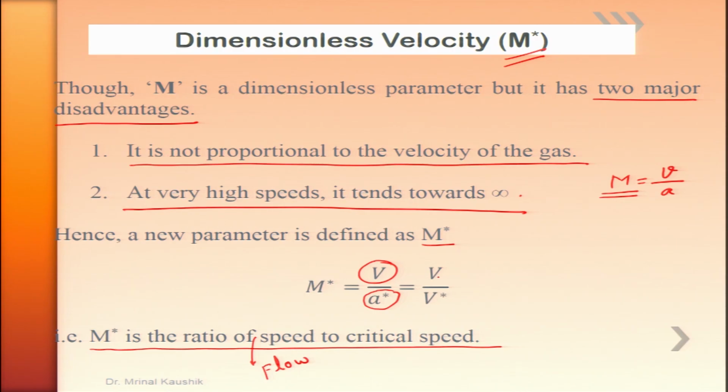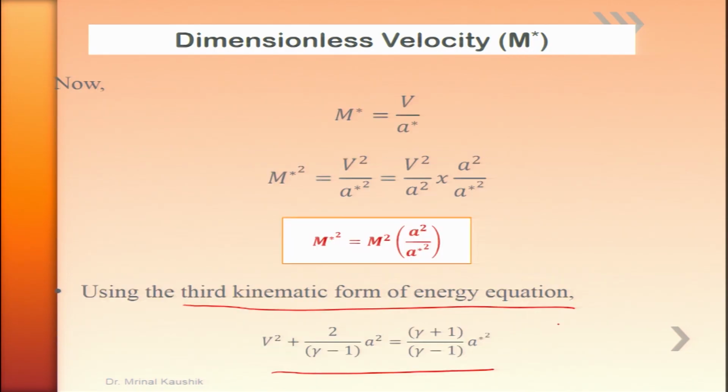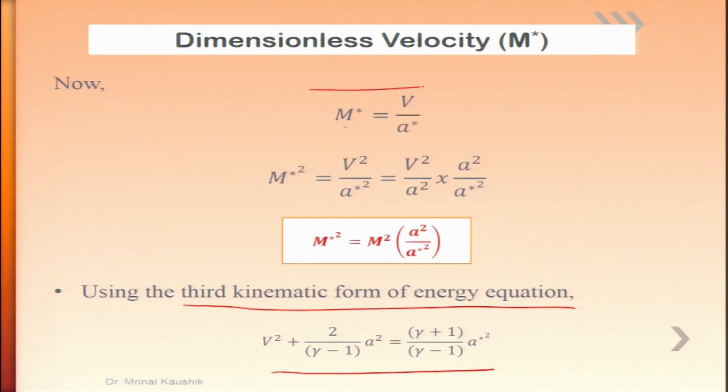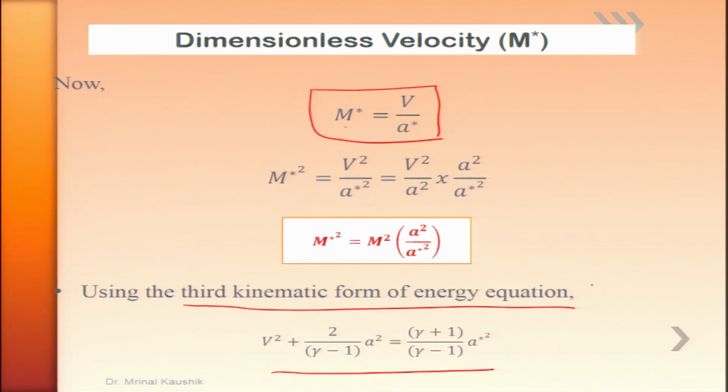That means M star is equal to V over the speed at this sonic condition, because V star is again A star. Using this as a criterion, let us investigate M star further. Since we have defined M star as V by A star, let us manipulate it algebraically and square both sides.